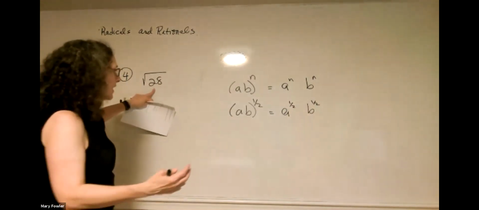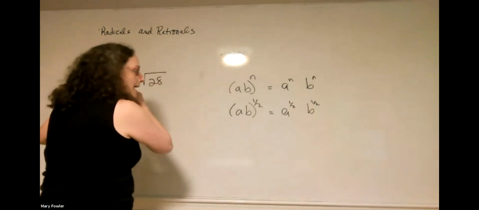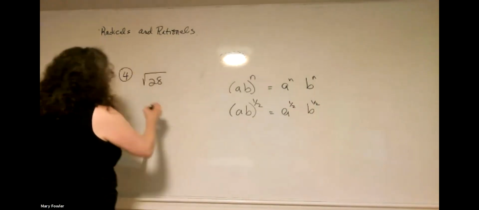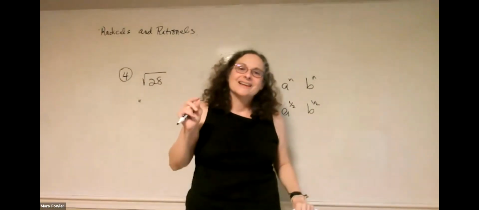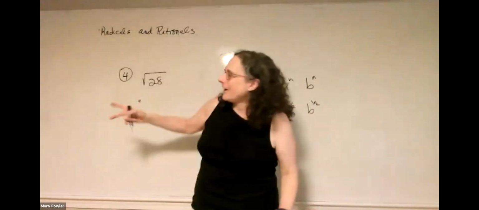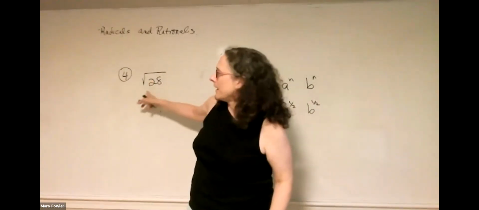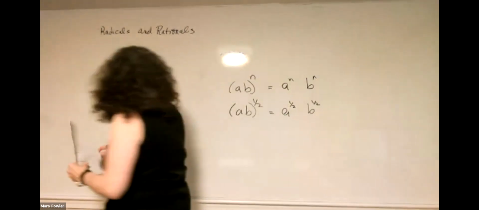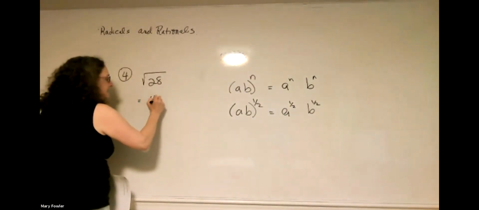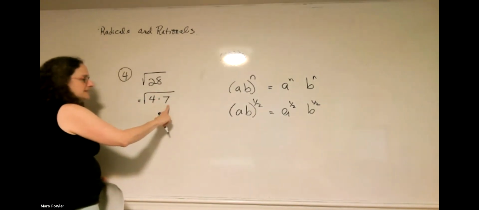Let's go ahead and use the problem here. So we're going to look at 28. I'm going to write 28 as the product of two factors. In particular, I'm looking for a perfect square in here so that it can simplify. In this case, 28 is 4 times 7, and we're looking at the square root of 4 times 7.